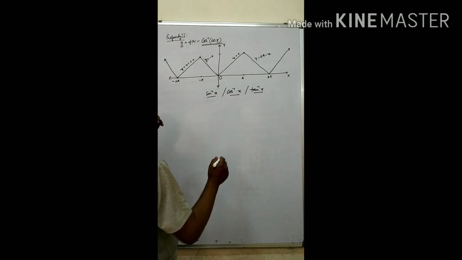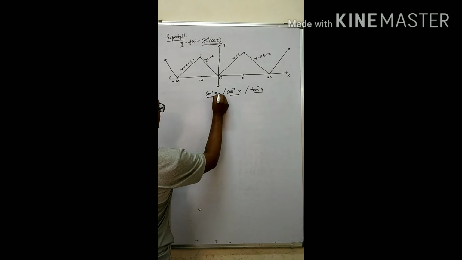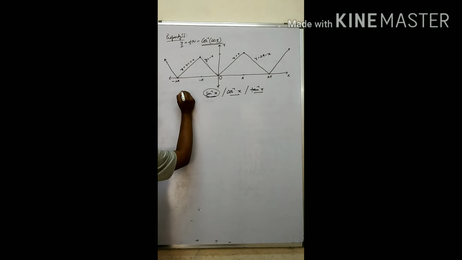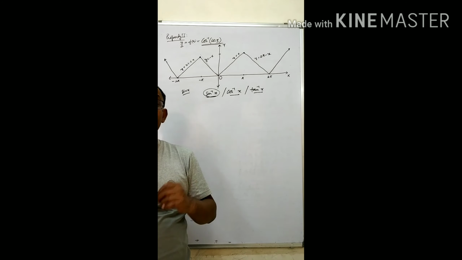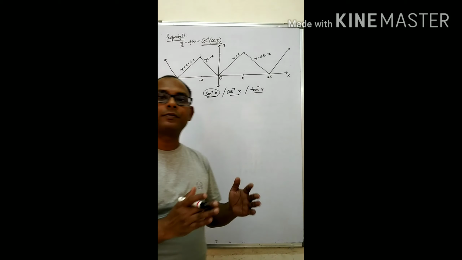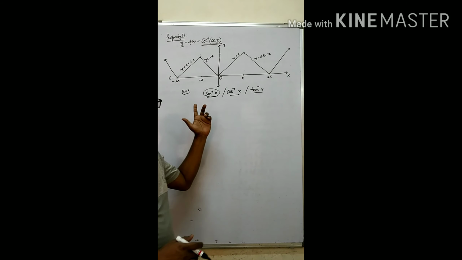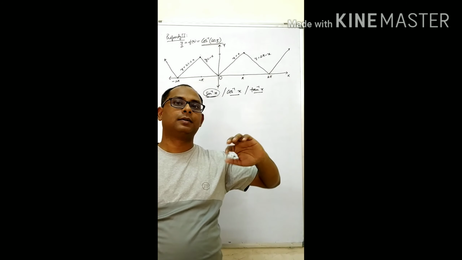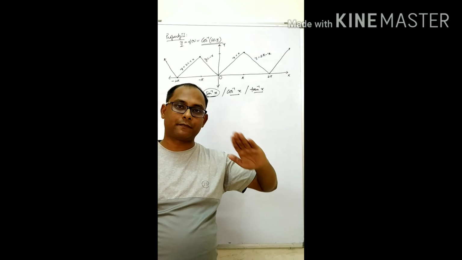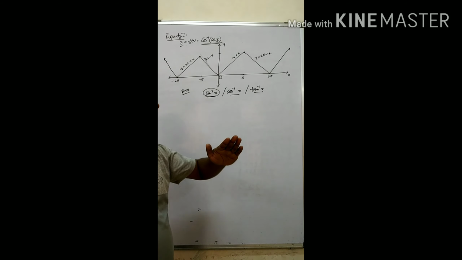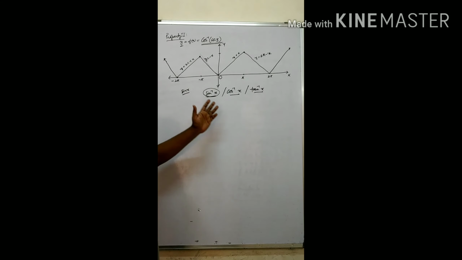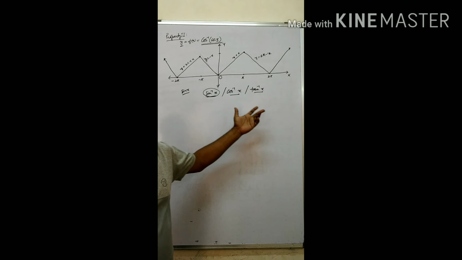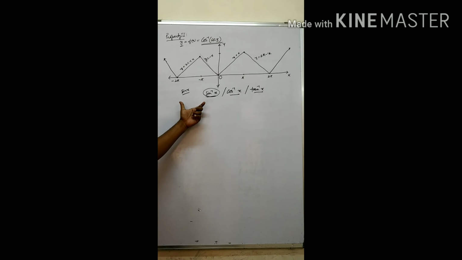In the last class we discussed that sine inverse x is an inverse function of sine x, and we know the trick of drawing the graph of an inverse function if we know the basic function f(x). We draw the graph of f(x), and we take the image of the graph of f(x) about the line y equal to x, and that image will give us the inverse function graph. So we are going to do exactly that.